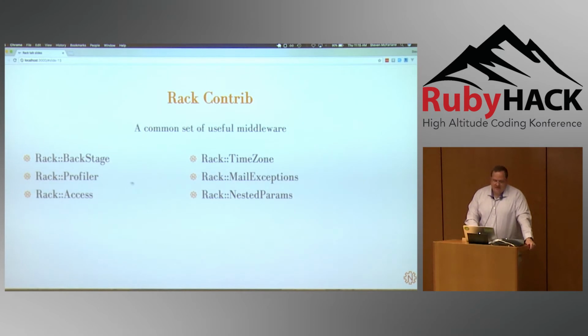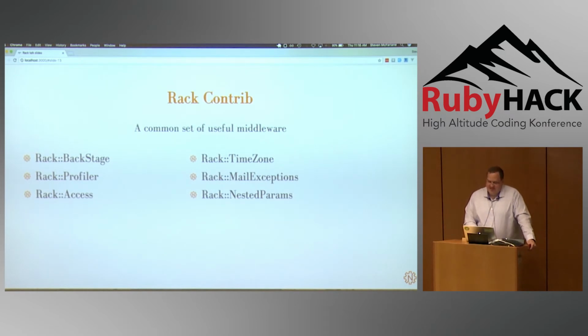Rack Profiler is an easy way of adding Ruby's profiling tools to a Rack app. You just use Rack Profiler, and they're there, and you have access to all the profile data that gets dumped out. If you hate your inbox, you can use Rack Mail Exceptions, which would work like Airbrake or one of the other error tracking tools you know, only it sends it straight to your inbox.